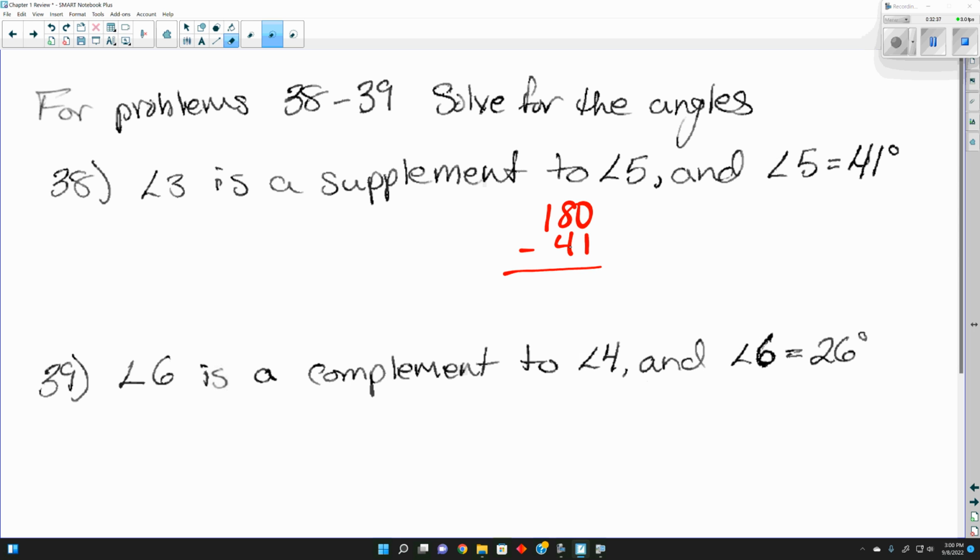Because 3 and 5 add together to be 180 because they're supplement. So we can subtract 41 from 180 because they add together, which is going to tell us it is. Yep. Okay, but I would make sure to go back and rewatch or finish this, especially if you have any questions. Measure of angle 3 is 139.